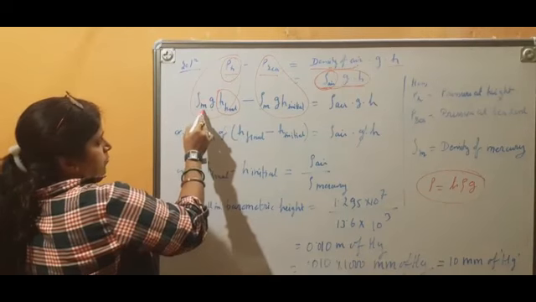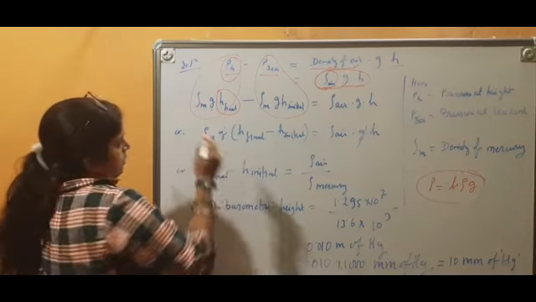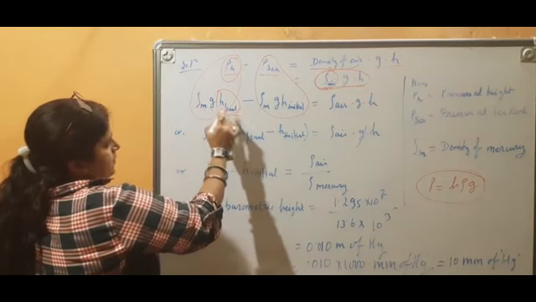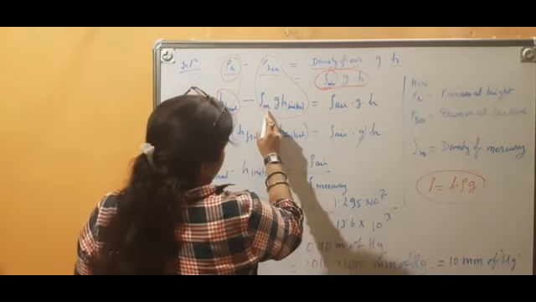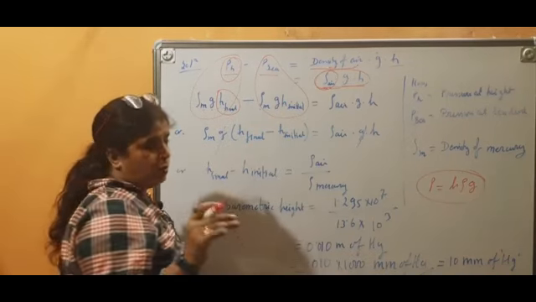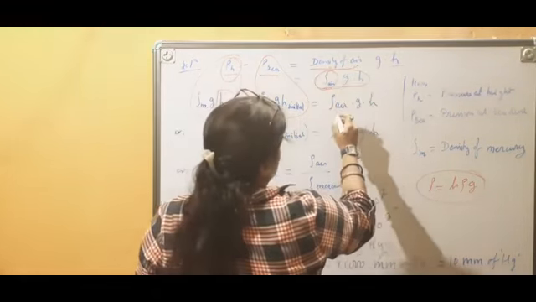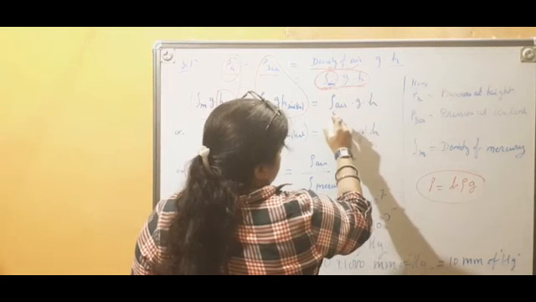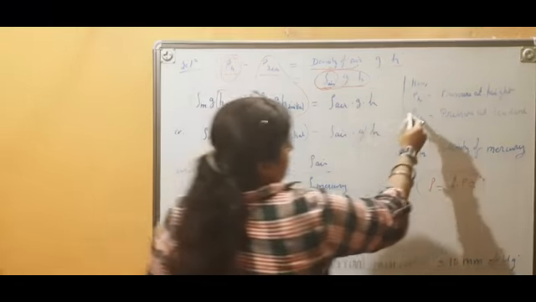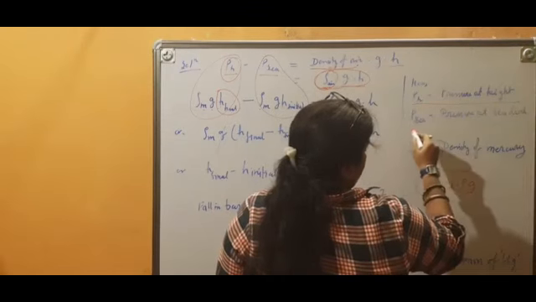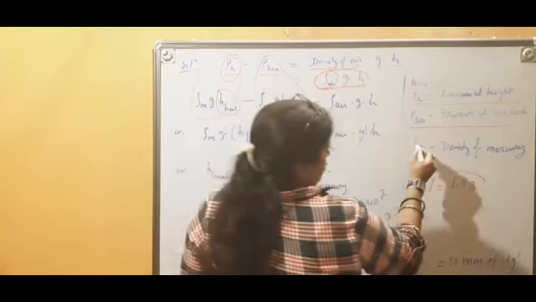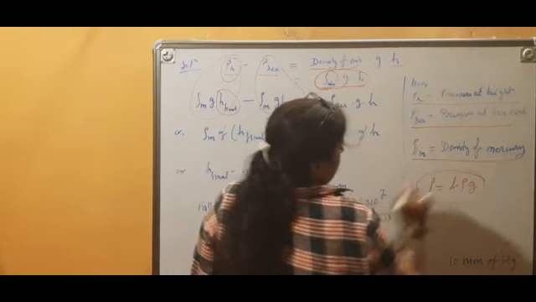Now here rho m is for mercury. So density of mercury into acceleration due to gravity and final height, and here density of mercury, acceleration due to gravity, and initial height, meaning at sea level what is the height of the mercury level. And here I just copied rho of air, that is density of air, g is acceleration due to gravity, and h is height. Here P_h is pressure at height, P_0 is pressure at sea level, and rho m is density of mercury.